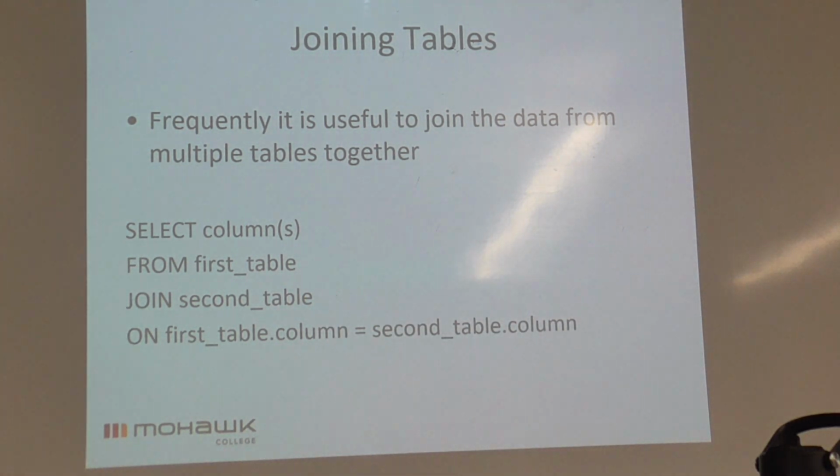Select has become a little bit broader in this case. We can now select columns from both tables. All of the tables that we are joining, we can select columns from them. If those columns have the same name, we have to further say what table they're coming from. We use dot syntax to do that. But if the column name is unique to that table, you can just say it.